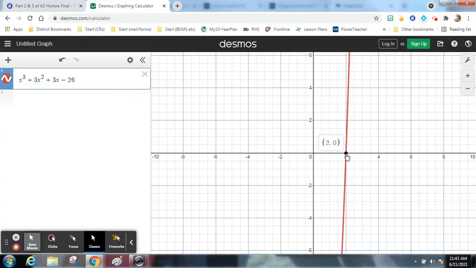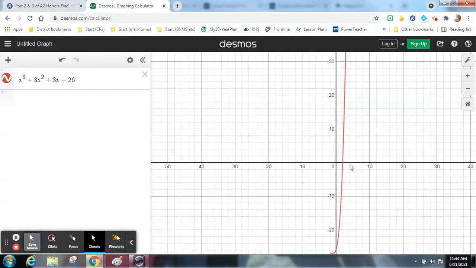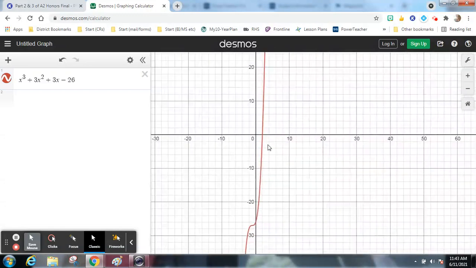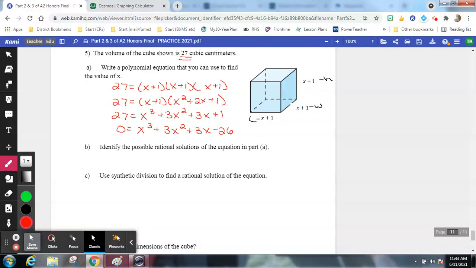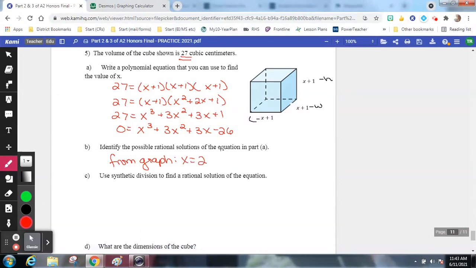And I can see I only got 1. I can zoom out as far as I want. Nothing's changing, right? So it's always going to be 2. So I'm going to go back here, and I'm going to say from the graph, x equals 2.